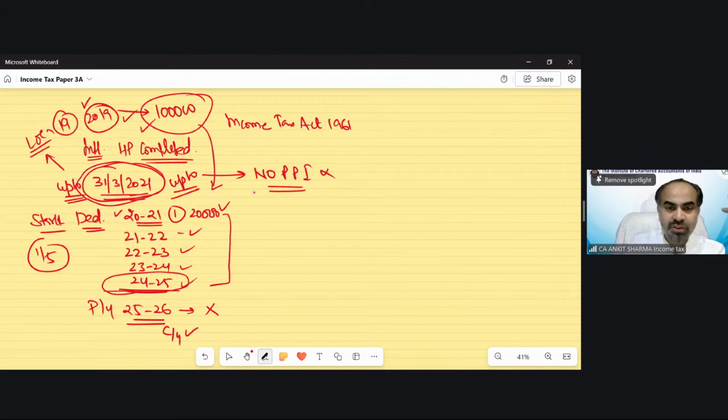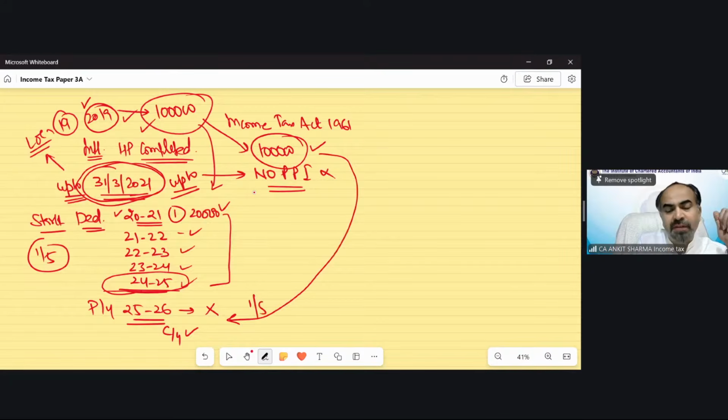Suppose in this question, the question itself gives you that the pre-construction period interest is 1 lakh. So do not be tempted to think, okay, the pre-construction period interest is given, so let me allow deduction of 1/5. No, because all 5 years of deduction must have been already used. Understood the meaning of this concept?